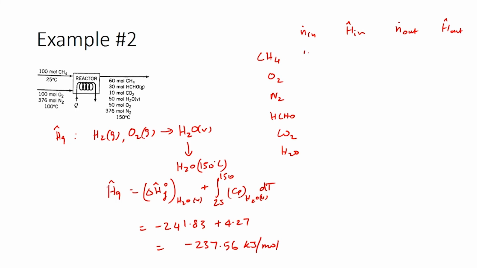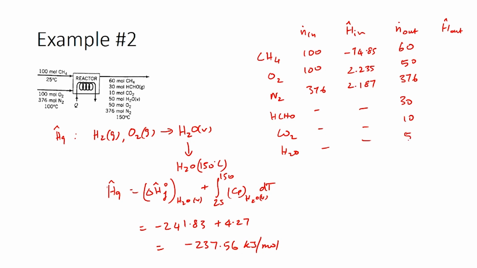For the inlet you have 100, 100, 376 and then nothing for the rest. The enthalpies are minus 74.85, 2.235, 2.187, and do not worry about these three. For the outlet you have 60, 50, 376, 30, 10 and 50.